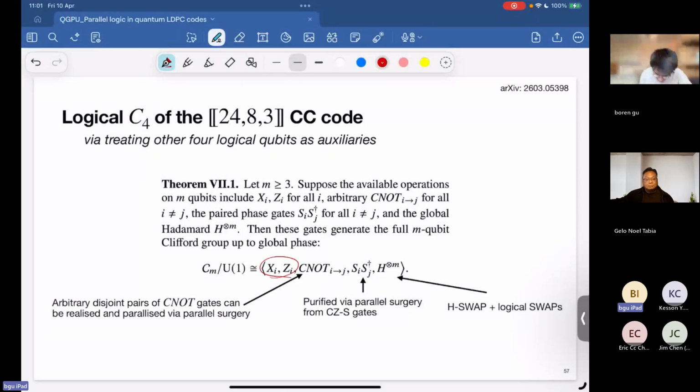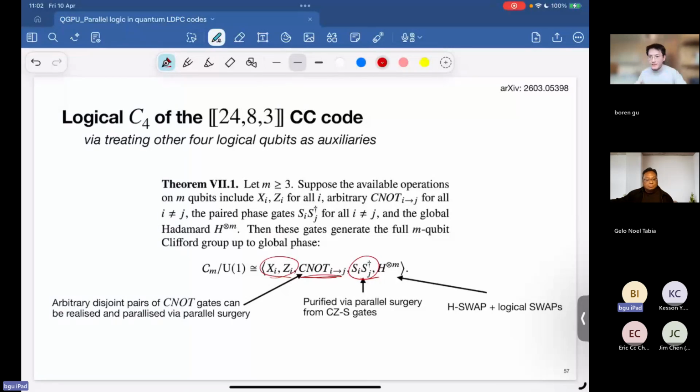And arbitrary CNOTs are realized via the parallel surgery, as just mentioned. Arbitrary CNOTs between these 4 logical qubits can be done on their own, but they can also be done in parallel, and arbitrary combinations of disjoint CNOTs. And also S and S dagger.